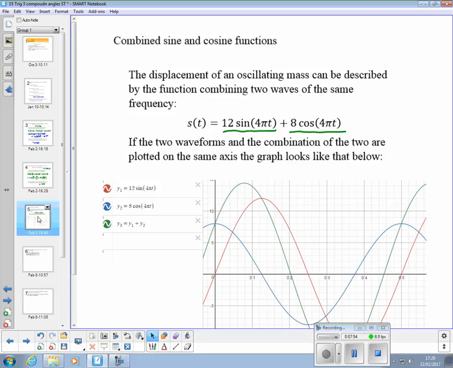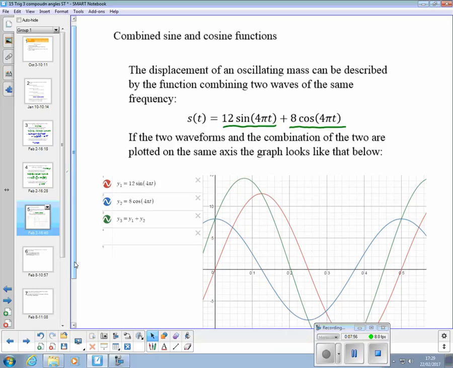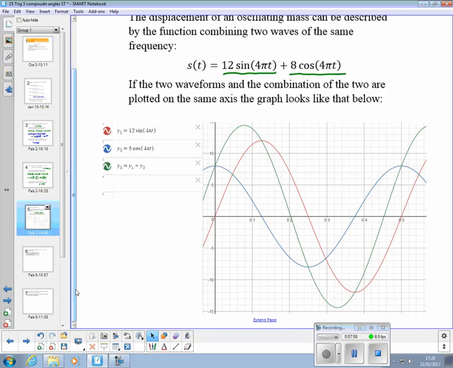If we graph them separately, on your page you've got a graph there. The red function, 12 sine 4 pi t, starts at 0, crosses there, and goes on over time.